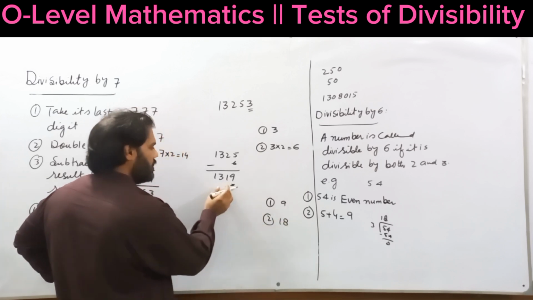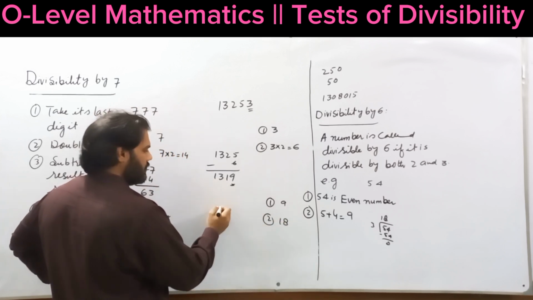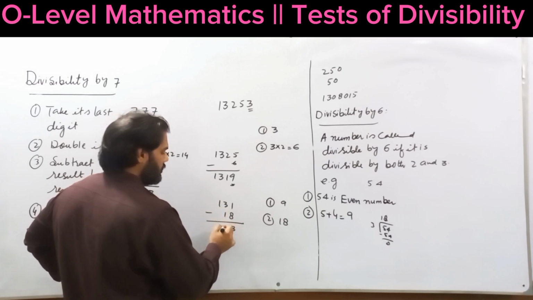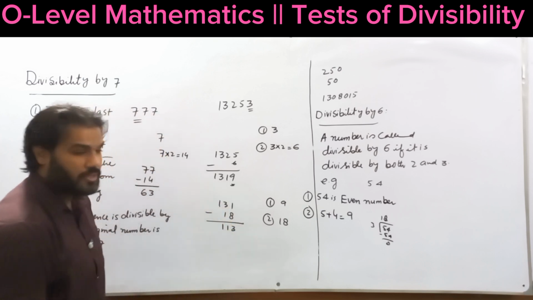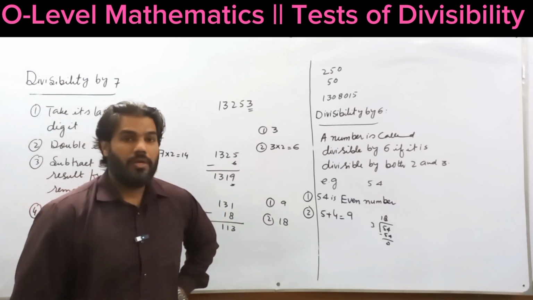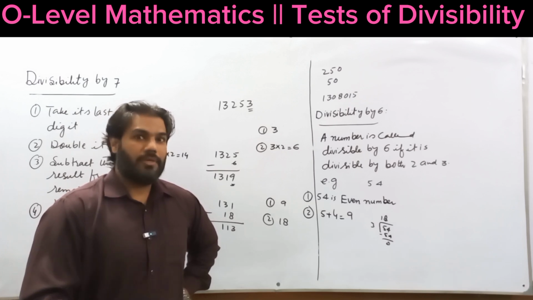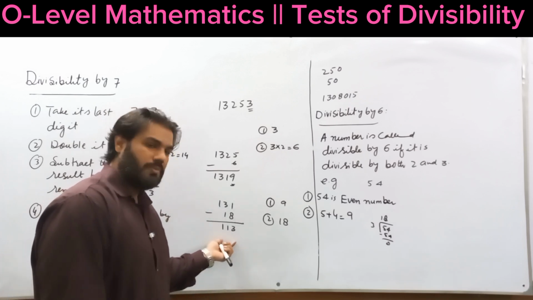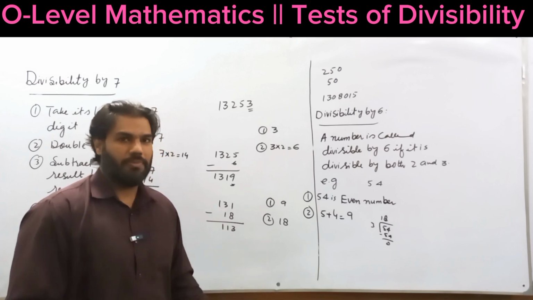Subtract 18 from the remaining number, that is 131. 131 minus 18, this will give us 113. 113 is not divisible by 7. Even at this step, if you are unable to decide whether this number is divisible by 7 or not, you can again repeat the step.